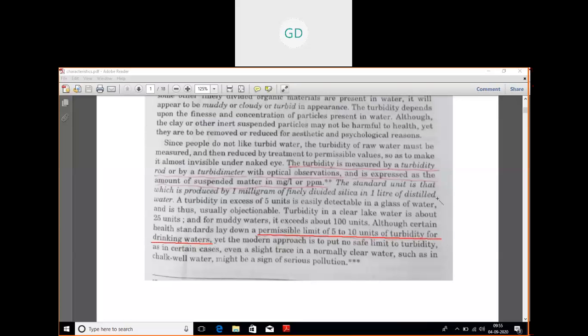The permissible limit of turbidity is 5 to 10 milligram per liter. You can write down 5 to 10 milligram per liter, the permissible limit for turbidity for drinking water. Okay, so next.